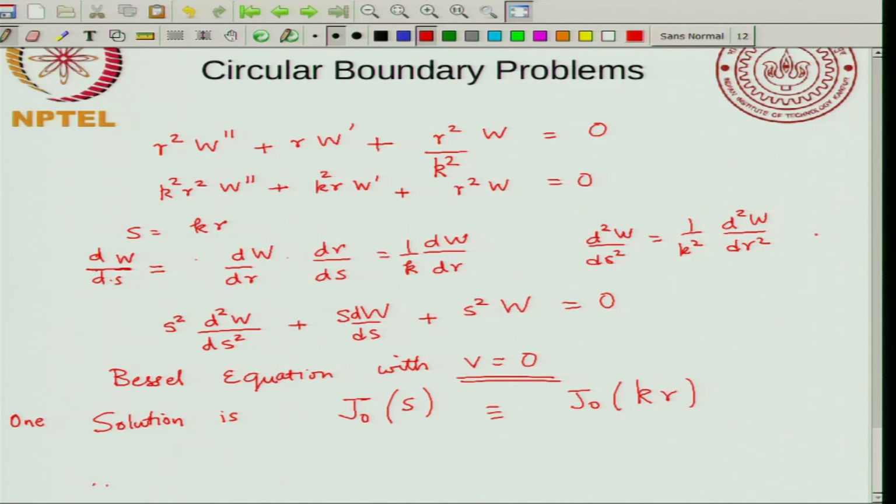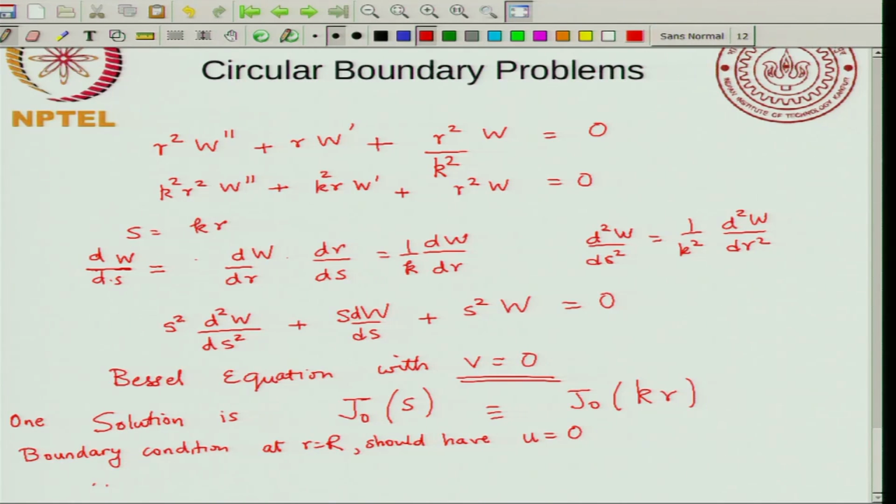Okay. So, the Bessel functions appear very naturally, and interestingly the boundary condition will be basically at r equal to R, we should have u equal to 0. Okay.